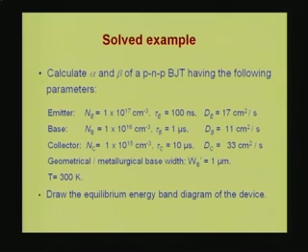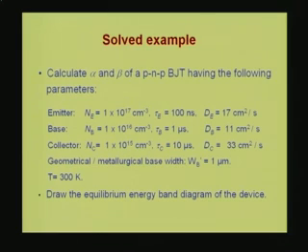Emitter doping level is 10 power 17 per centimeter cube. This is the doping of acceptors because we are considering a PNP BJT. The lifetime of minority electrons in the emitter, tau e, is 100 nanoseconds, and the diffusion coefficient of the minority carriers, that is electrons, in the emitter is 17 centimeter square per second.